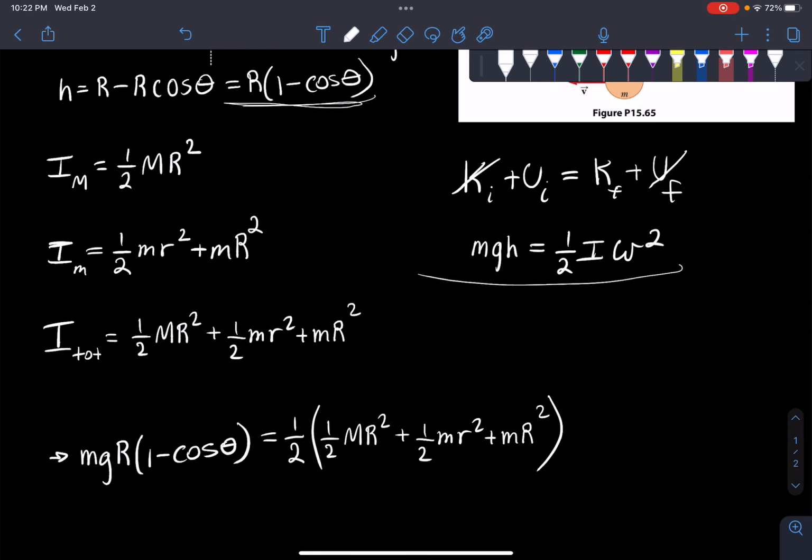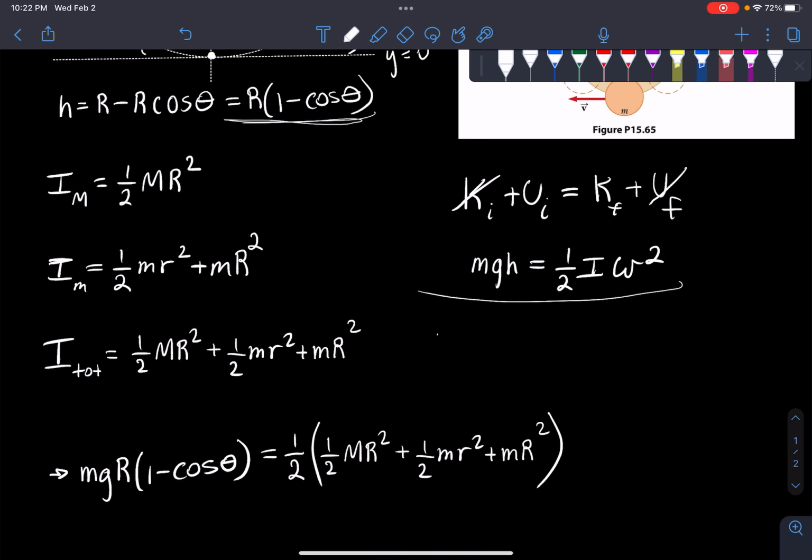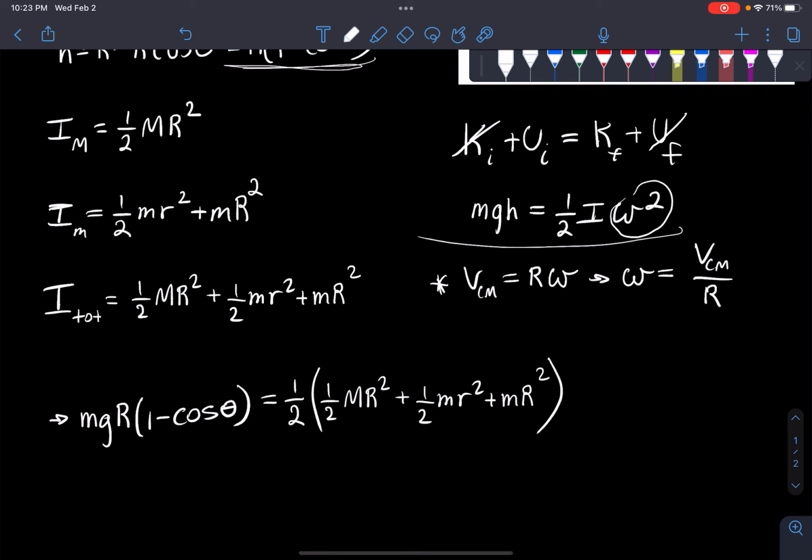So we can use the following relation: the velocity of the center of mass of a rigid body is the radius times the angular velocity, which means that the angular velocity is the velocity of the center of mass divided by the radius, which means that omega squared from here can be rewritten as the velocity of its center of mass squared divided by the radius squared, capital R squared.